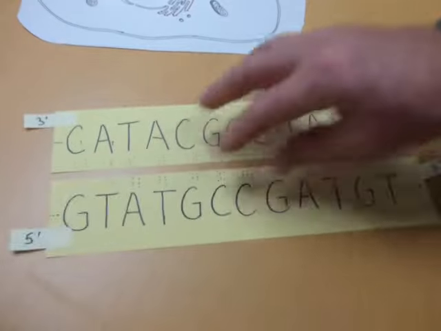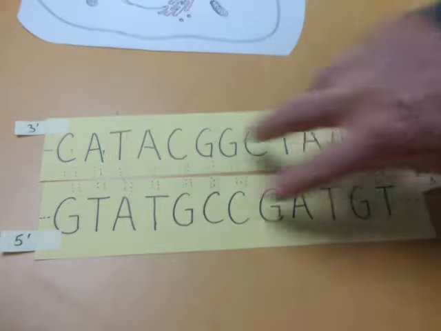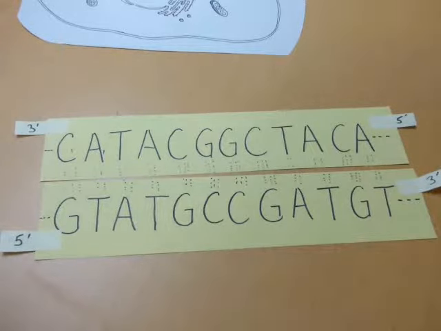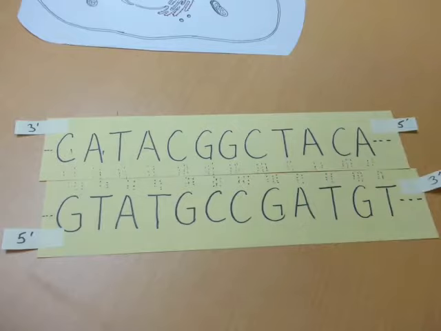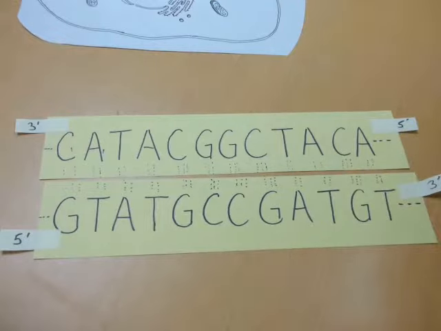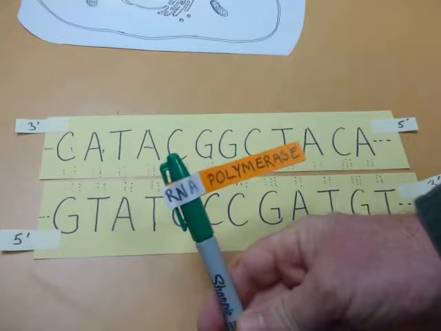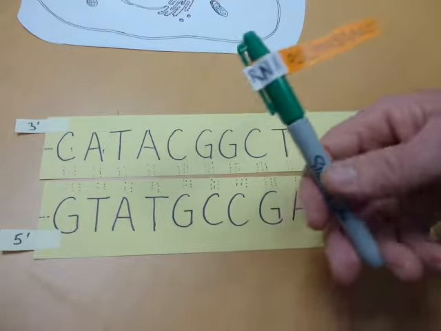Alright, so with that rule in mind, let's take our piece of DNA. Now, DNA is double-stranded, RNA is not. RNA is single-stranded, and so we just need to choose one of these two in order to make a piece of RNA. So the enzyme here is RNA polymerase. It looks a whole lot like DNA polymerase, but this one makes RNA.